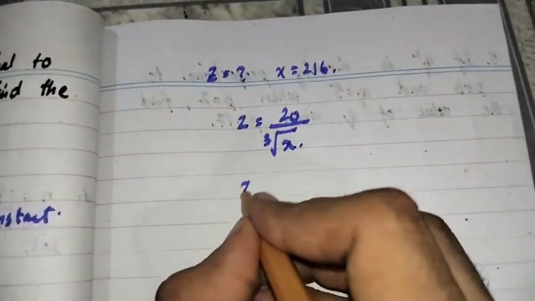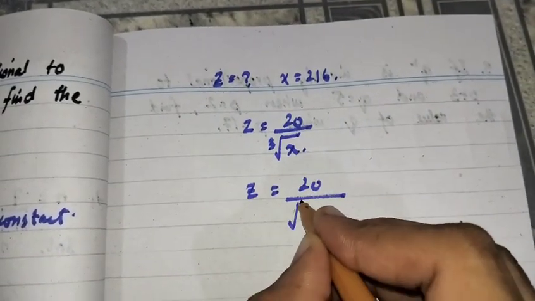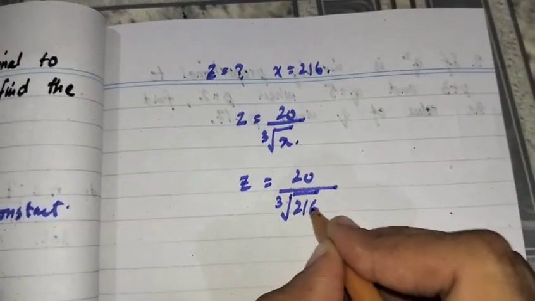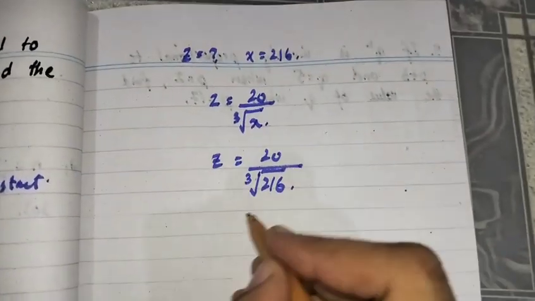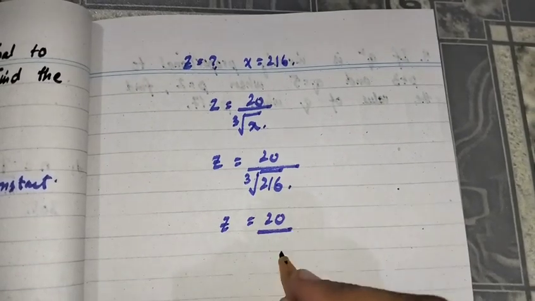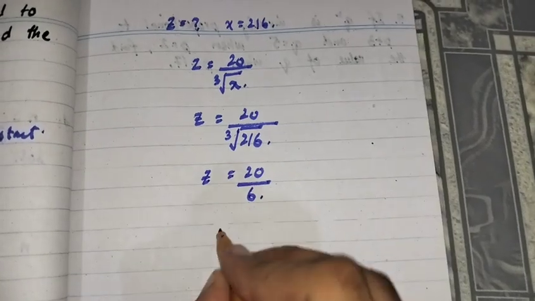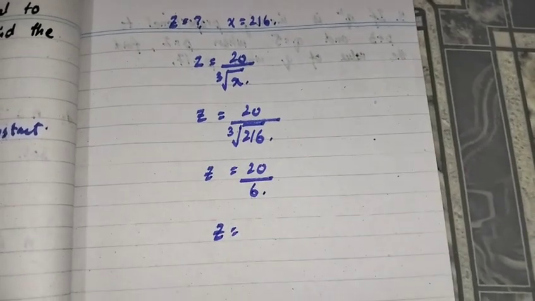We have to find z. So z will be equal to 20 upon the cube root of x, and the value of x is 216. The cube root of 216 is 6, so z will be equal to 20 divided by 6.